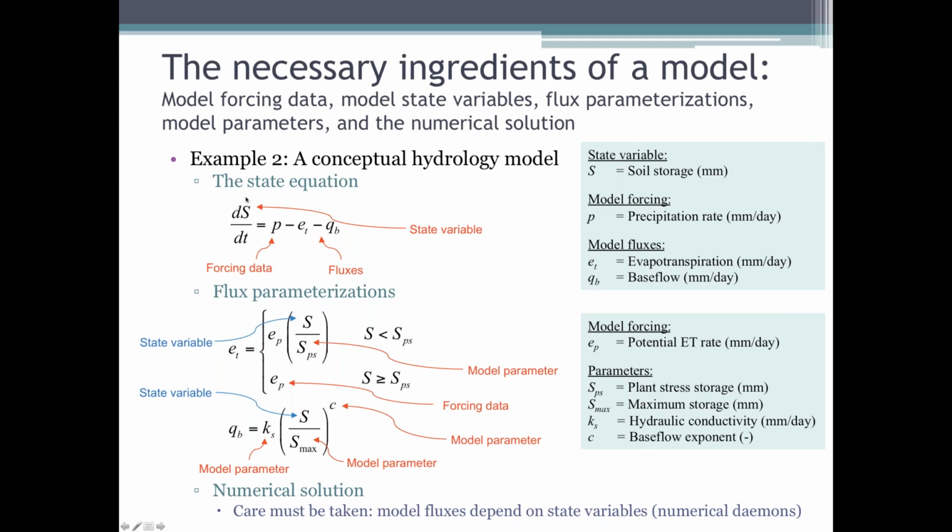So whereas before, even though S was a prognostic variable, dSdt was a diagnostic equation, we now have a prognostic equation. Your change depends on where you are. This means your time step can matter a lot. And Martin Clark wrote a couple papers talking about this and calling them numerical demons because they come to haunt you.